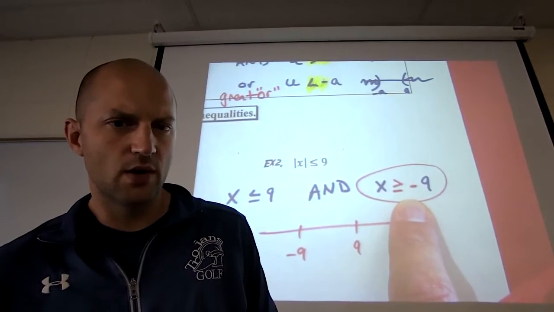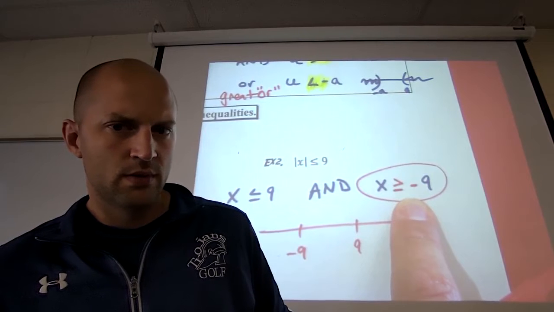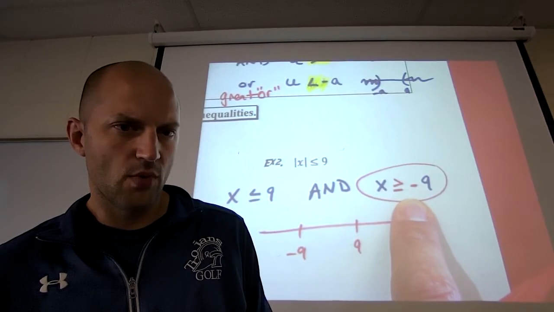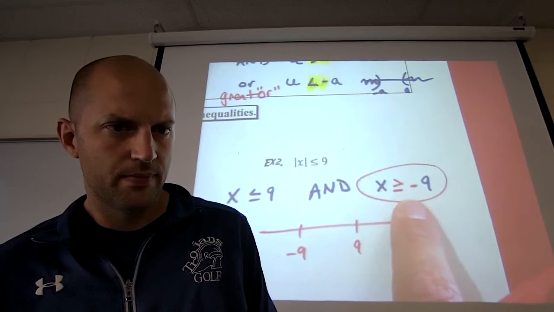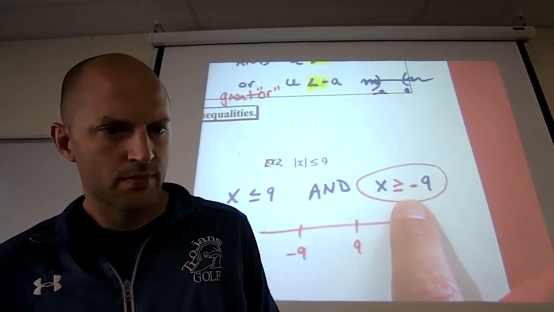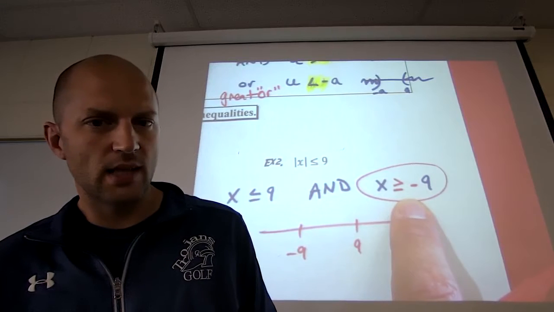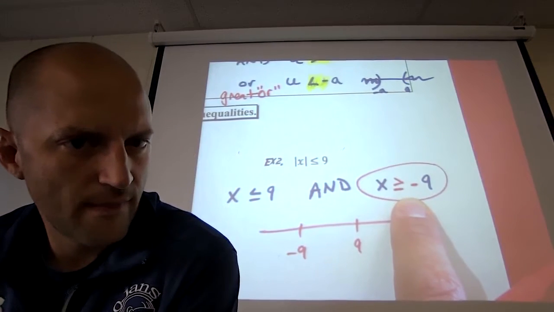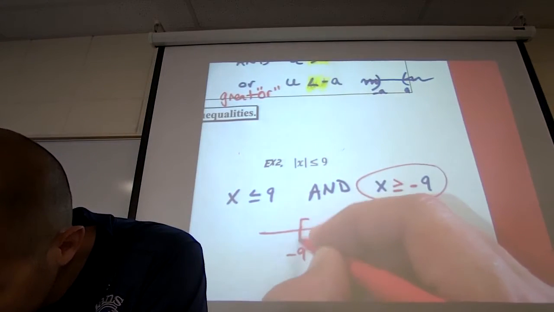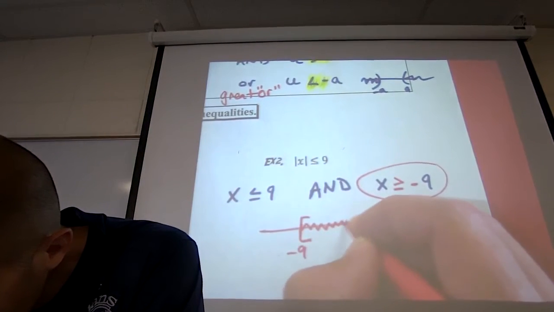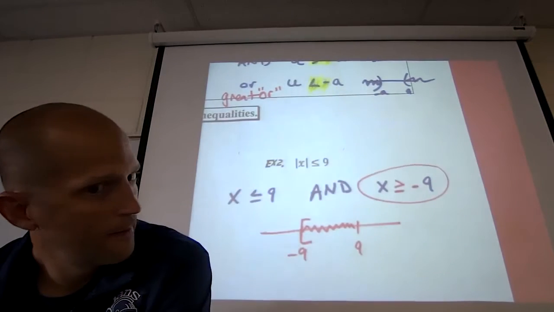Which way does this thing go? Which way are we going? Madeline, Morgan, Lorelei, where are we going? Parentheses or brackets, left or right? It's a bracket to the right. Perfect.